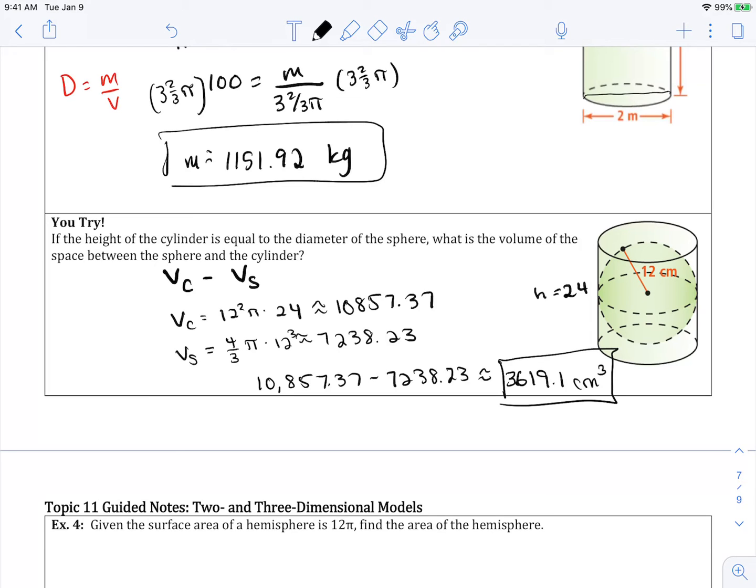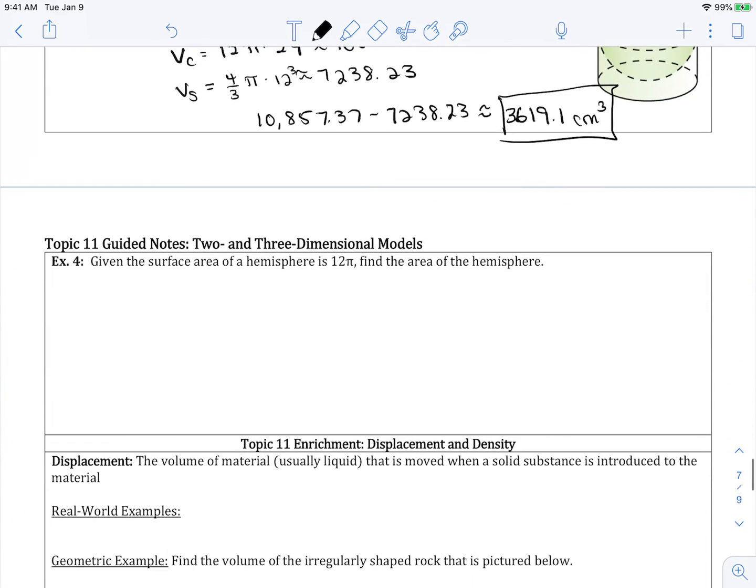Great. All right, one last example. Given the surface area of a hemisphere is 12 pi, what is the volume of the hemisphere?